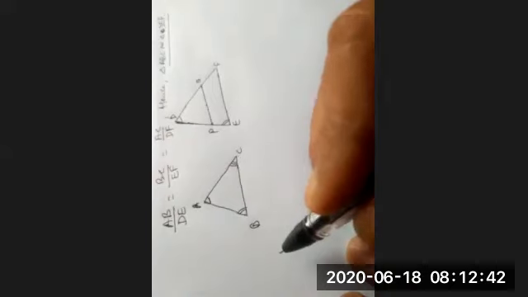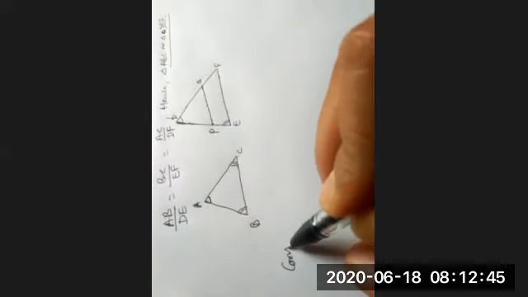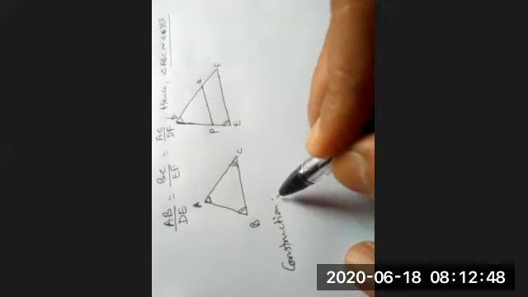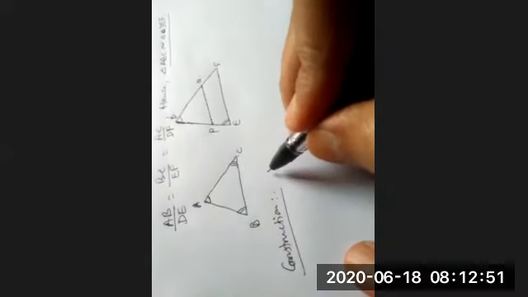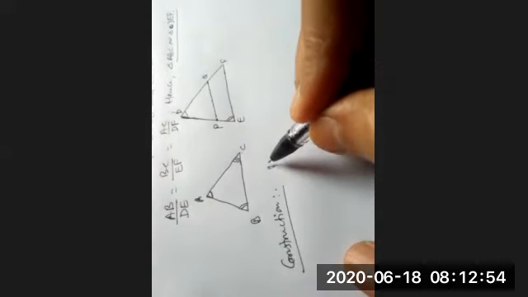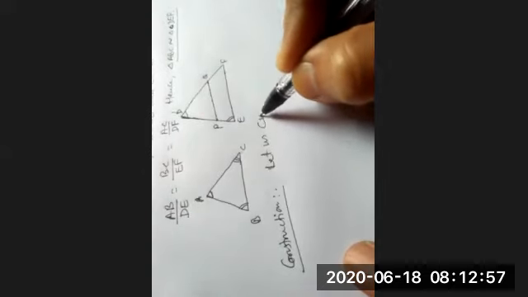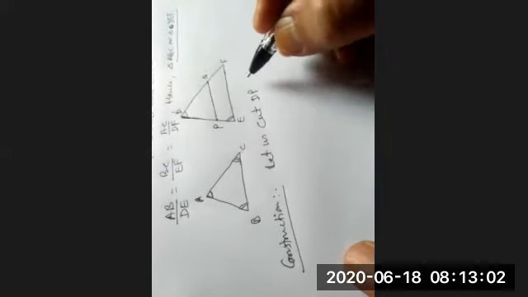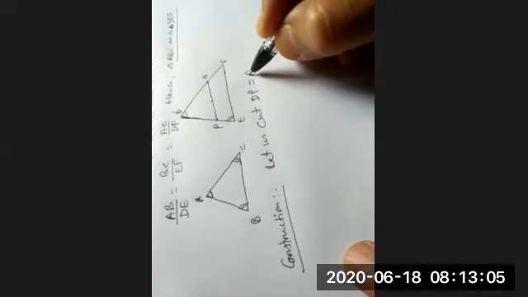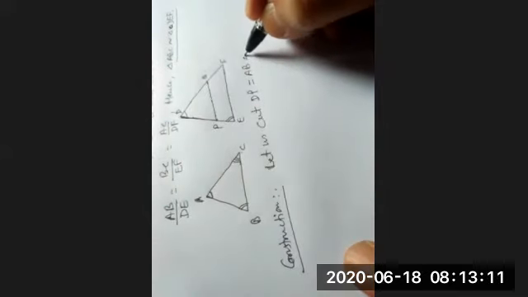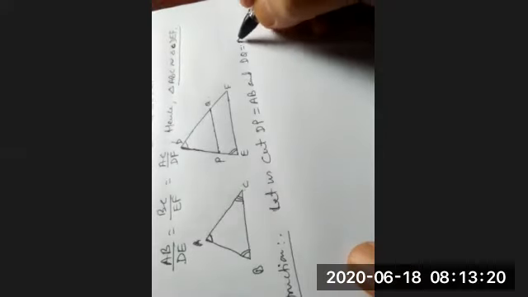So what you write here in the construction part: let us cut DP equal to AB, and DQ equal to AC.